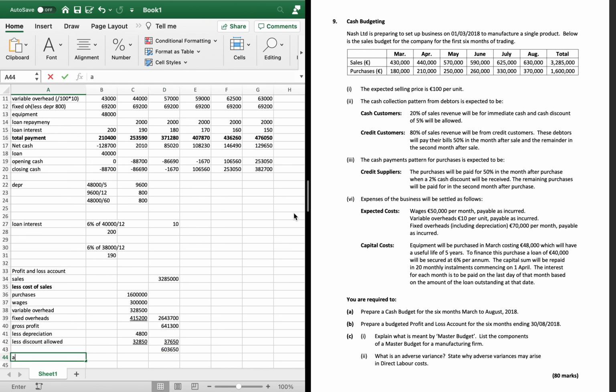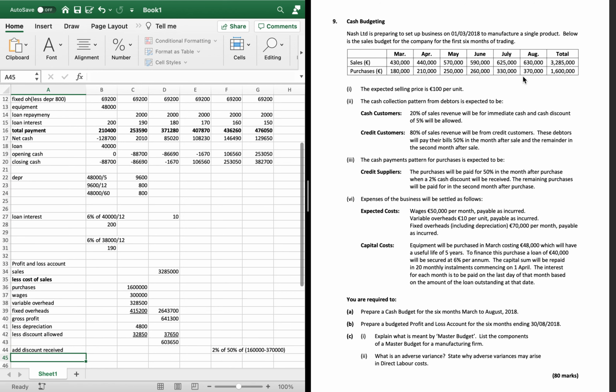And then from that, we're going to add on the discount we get, which is the discount received on purchases. Now, the discount we receive on purchases is 2% of 50% of the purchases. Now, it's not of the total purchases. We didn't get a discount on the 370,000 yet. That's going to take place next year. So we have to take out the 370,000 from August.